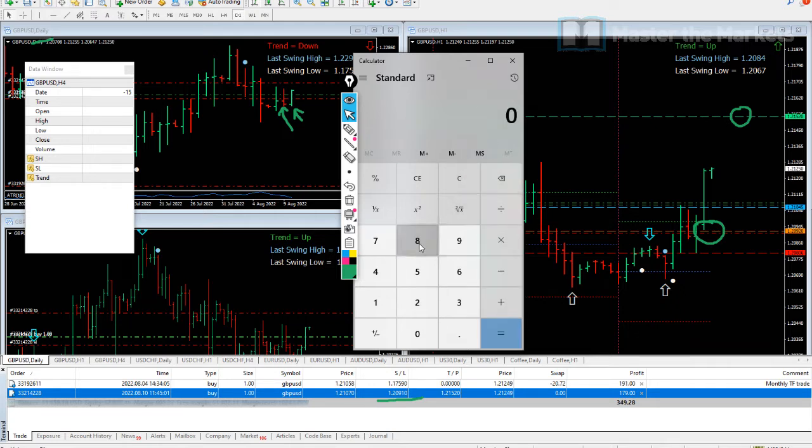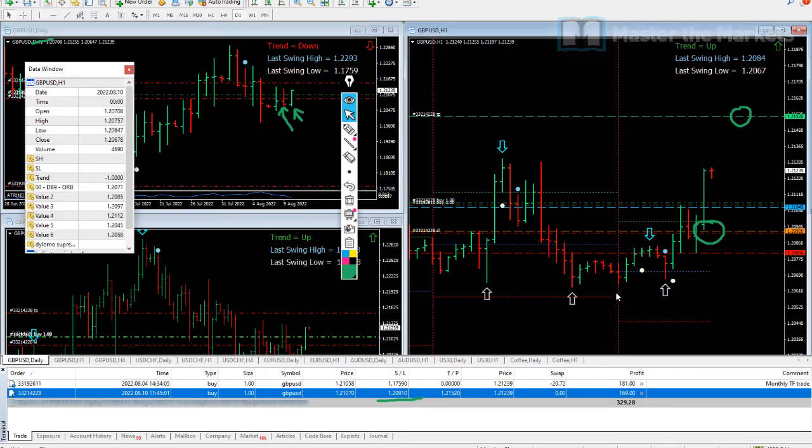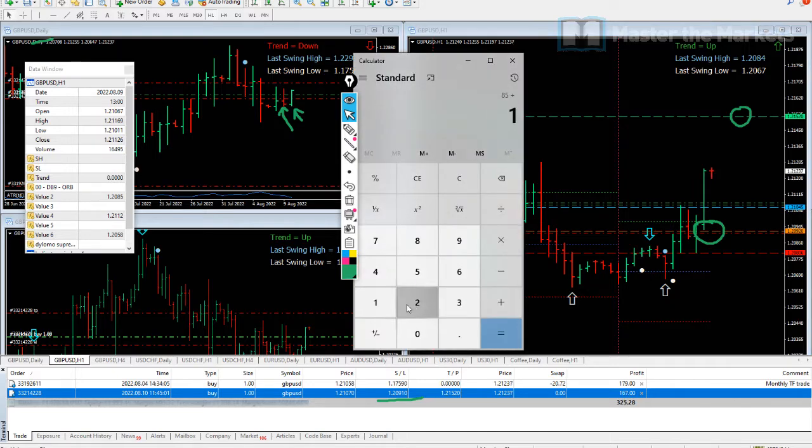I usually round down to 85. Now let's check the low. I'll double check in both: here it's 12064 on the daily, and here on the 1 hour that is also 12064. So I'll add that to the 80% ATR range, so 12064 and 12149.